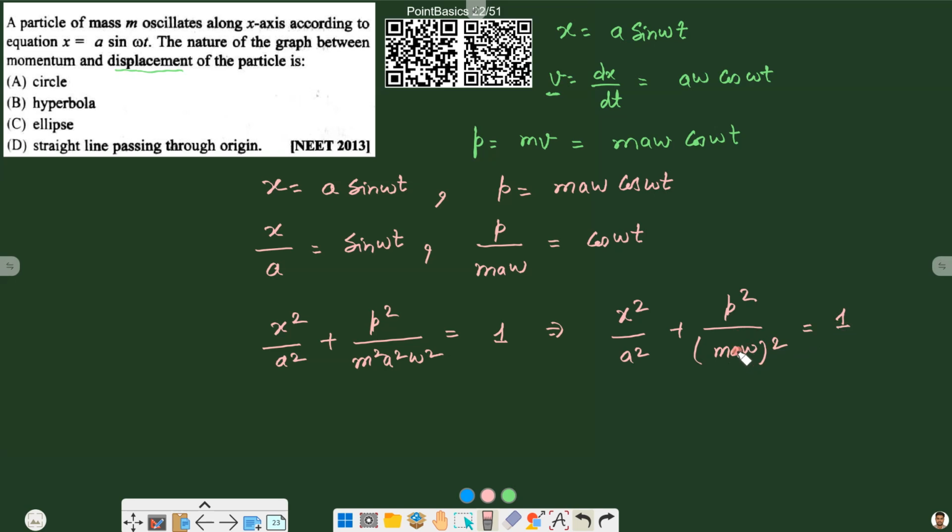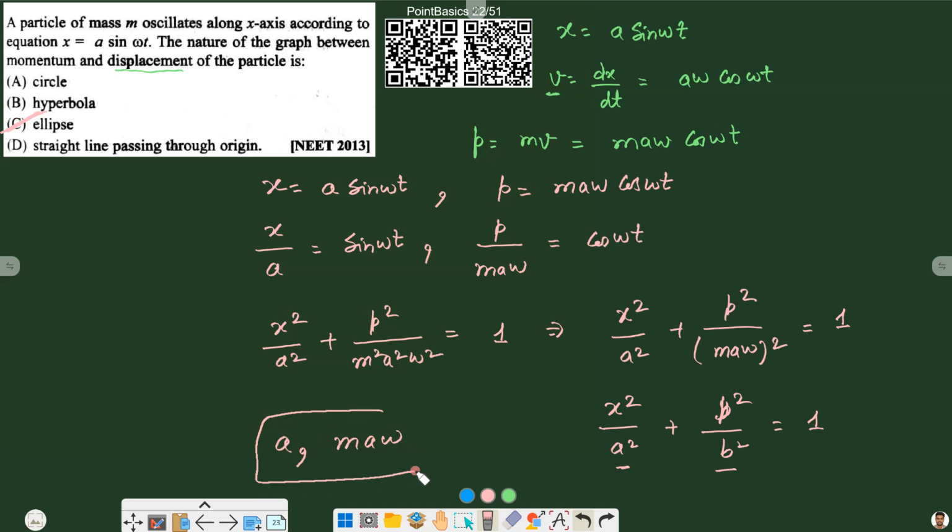So this is an equation of ellipse, where we have x square by a square plus p square by b square is equal to 1. When a and b are different, then it is an equation of ellipse. So option C is the right answer, and here the lengths of the axes will be a and m a omega.